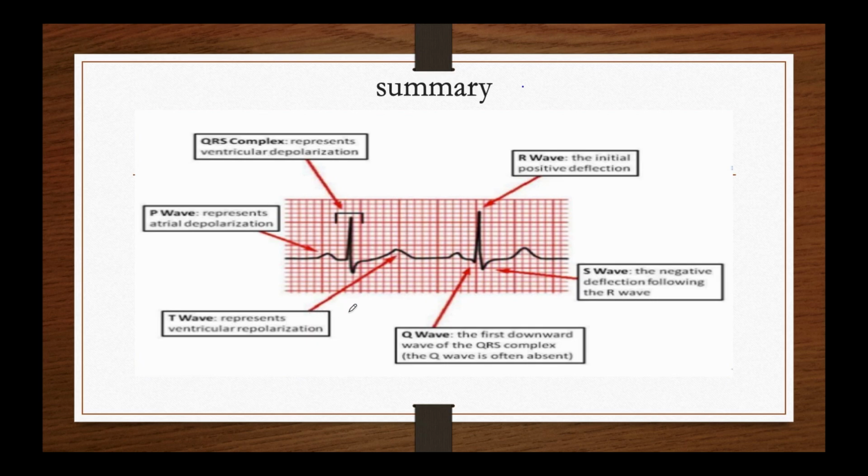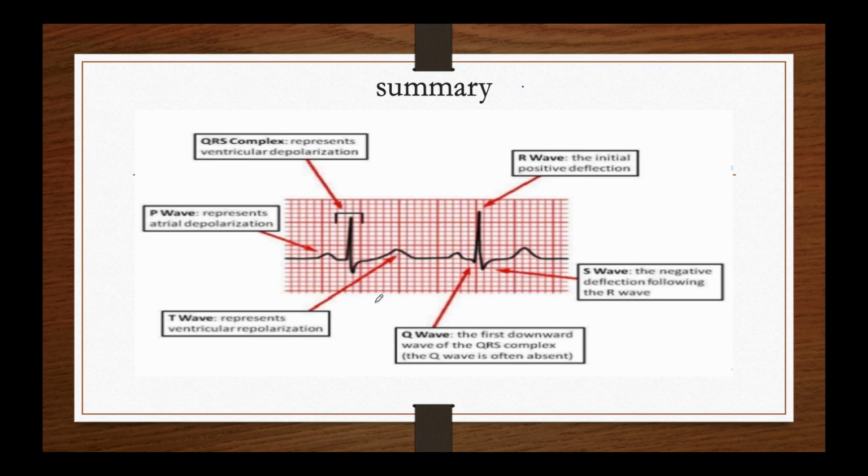On the ECG, the first positive deflection is the P wave, which represents atrial depolarization or contraction of the atrium. From the P wave, we have our QRS complex, which represents ventricular depolarization or contraction. After the QRS complex, we have the T wave, which represents ventricular repolarization.